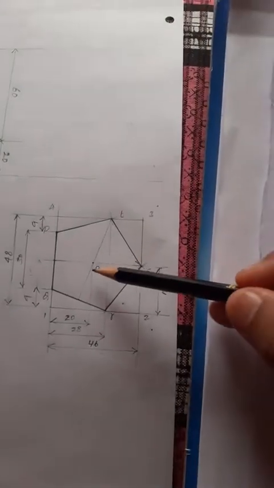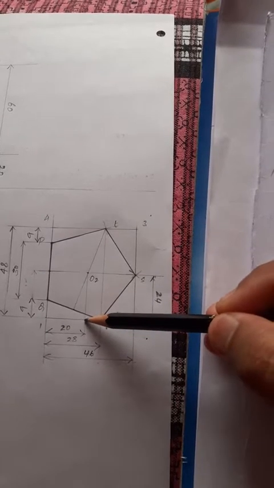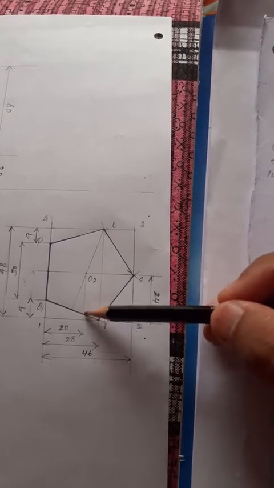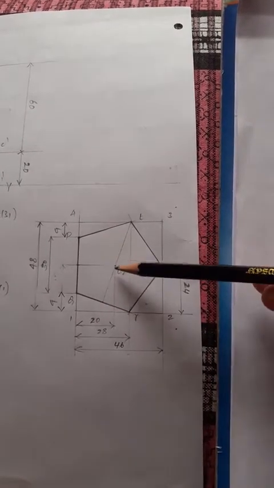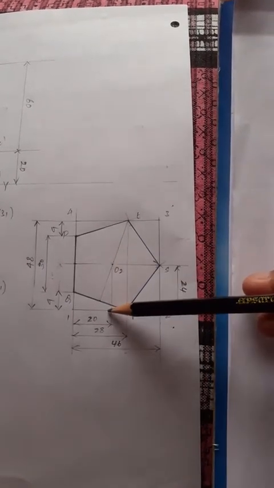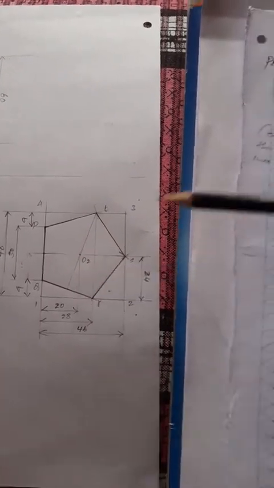Next, from O to this vertical line in the box, how much is it? Total is 48 mm, divided by 2 is 24 mm, right? That vertical distance, where do I want to measure it? On the 150-degree line.